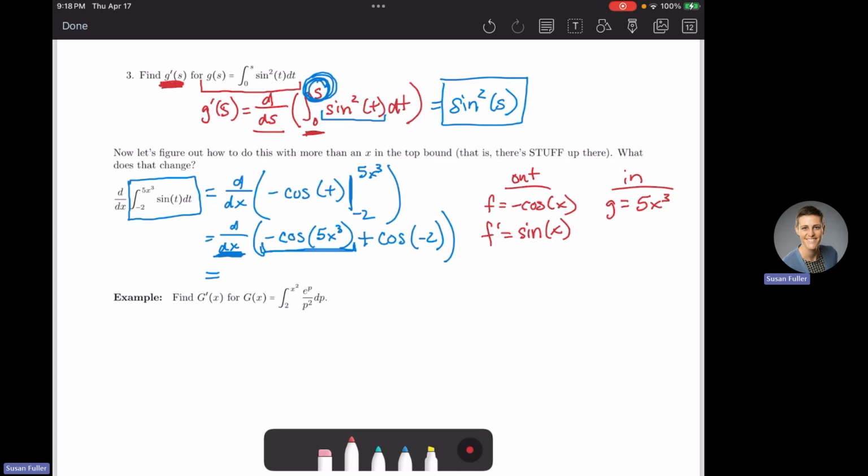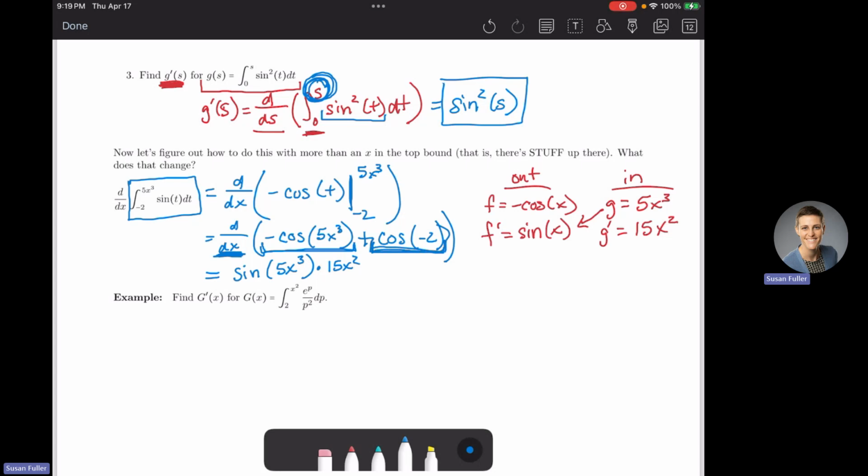And the derivative of g, my inside function, is going to be 15x squared. And so I'll plug g into f prime, and I get the sine of 5x to the third times g prime of x, which is 15x squared, plus the derivative of the cosine of negative 2.